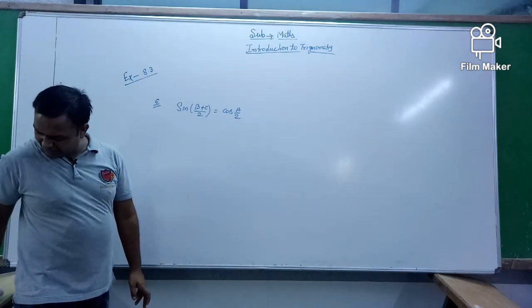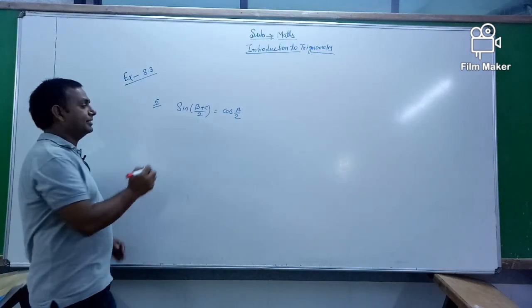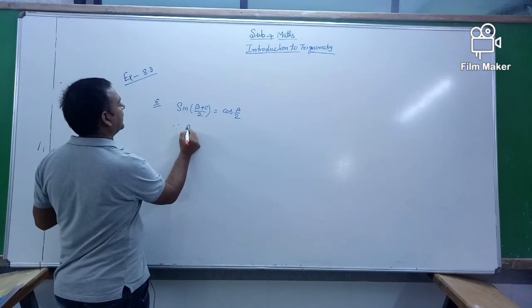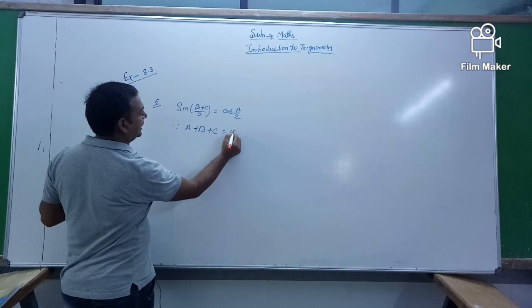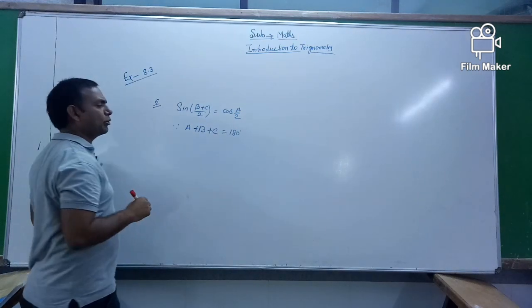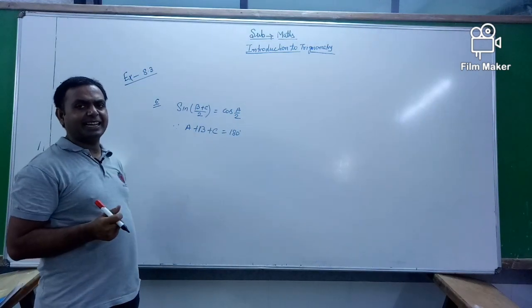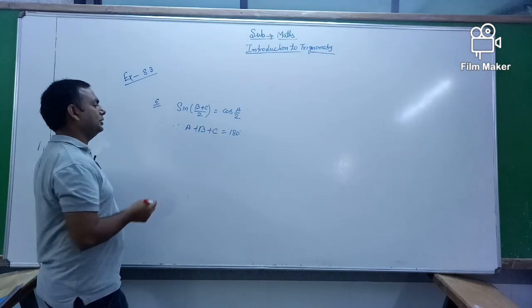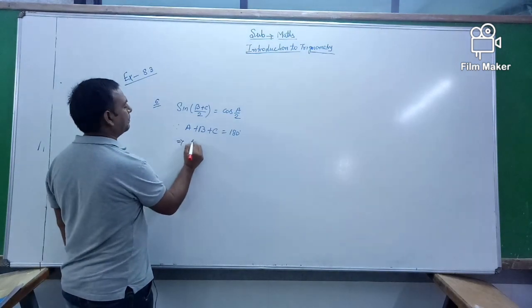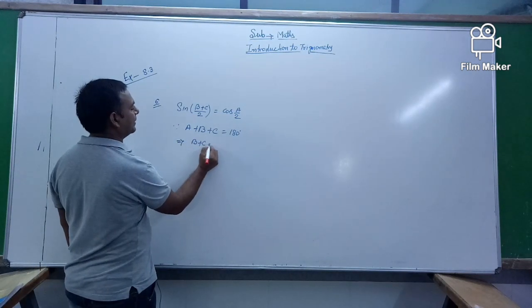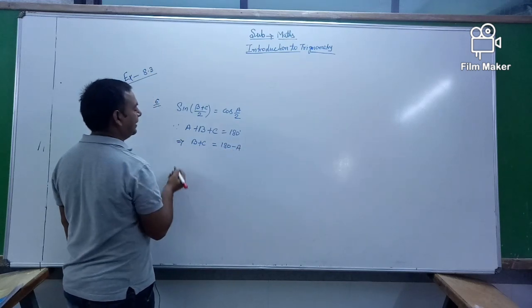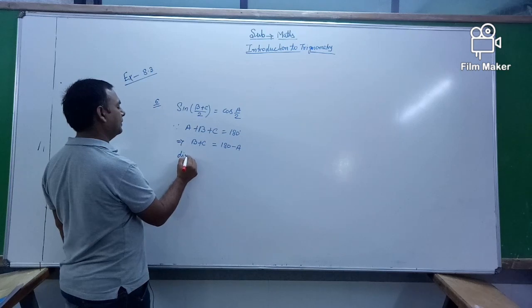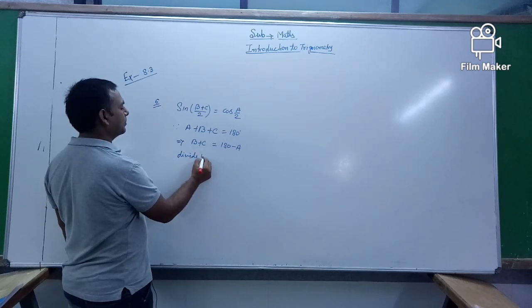Here A, B, C are the interior angles of a triangle. Since A plus B plus C is equal to 180 degrees, because it is given in the question that they are the interior angles of a triangle, B plus C is equal to 180 minus A. Divide by 2.